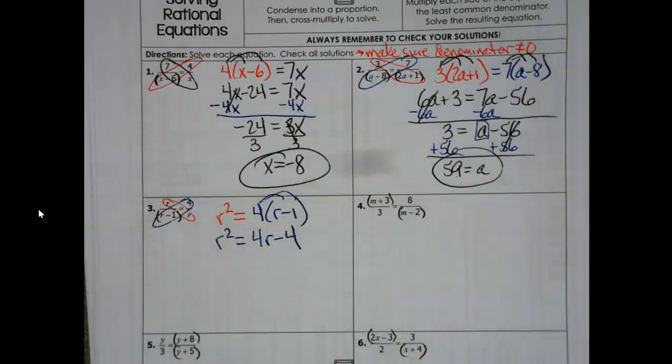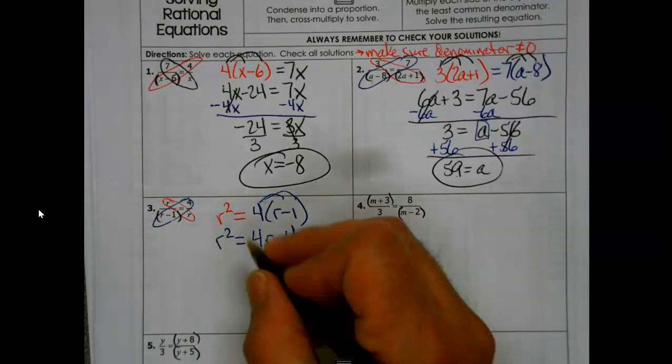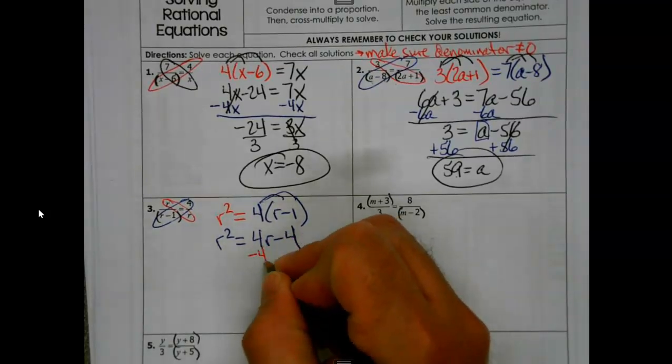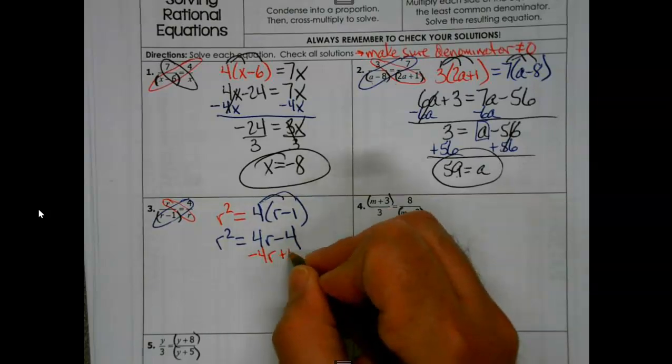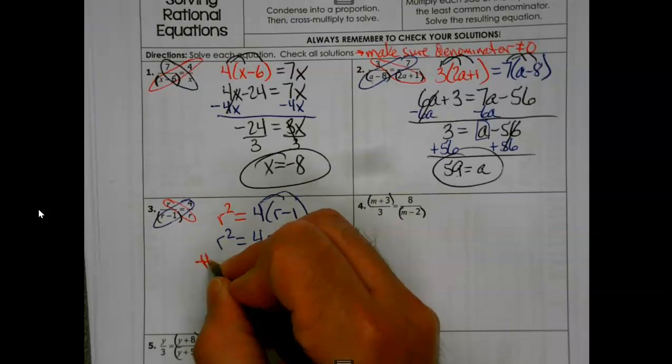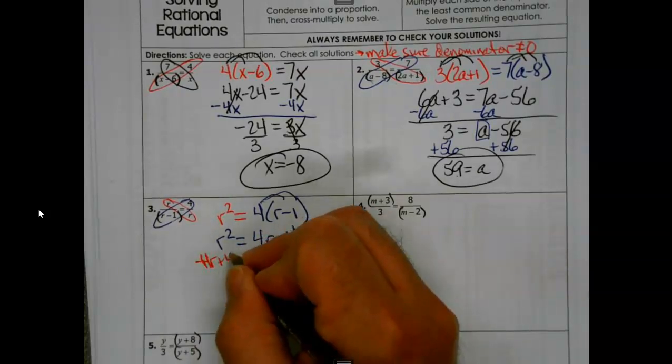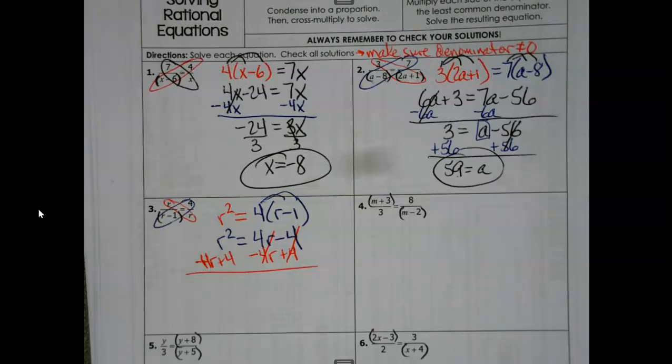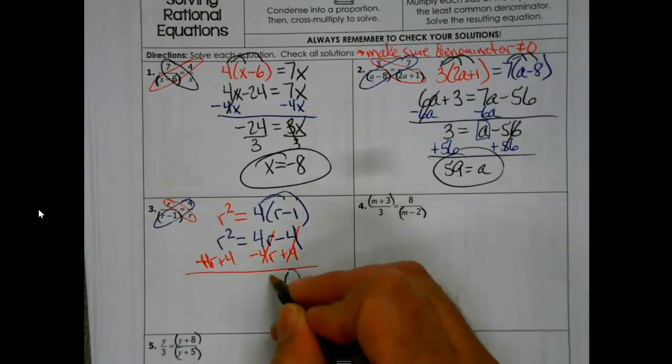But if there is an R squared, everything needs to go to that R squared side, because we're going to get stuck factoring. So here, I'm going to do the opposite of both of these, because I need those to go away and just be 0.